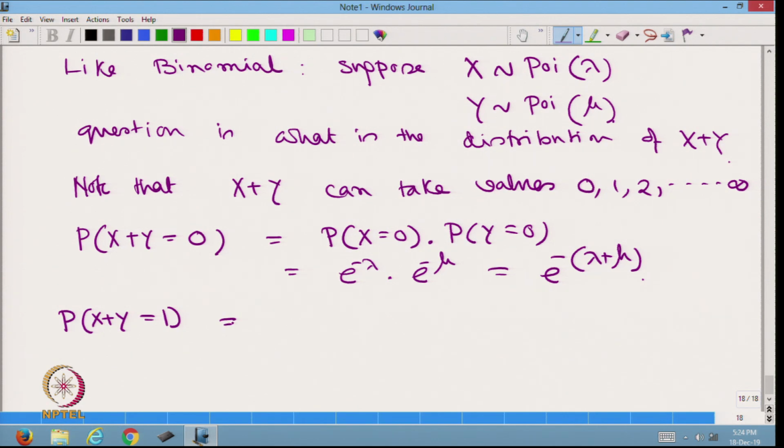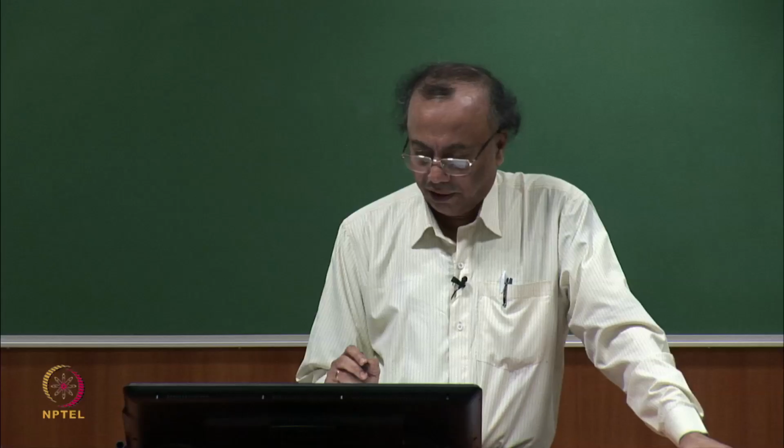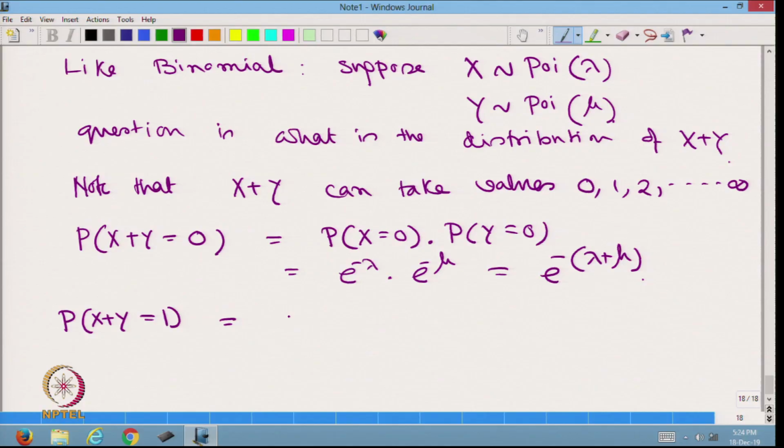What is probability X plus Y is equal to 1? We know that the event X plus Y equal to 1 can happen if X is equal to 0 and Y is equal to 1, or X is equal to 1 and Y is equal to 0. Probability X equal to 0 into probability Y equal to 1.